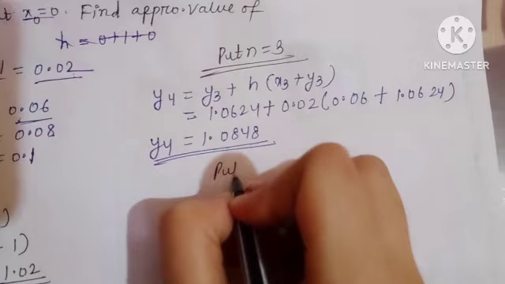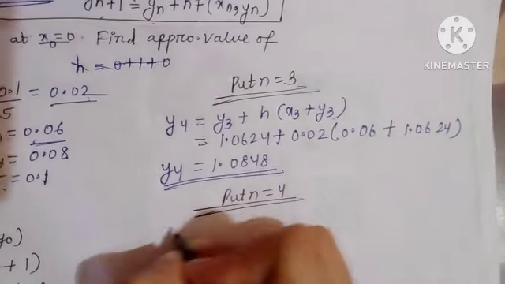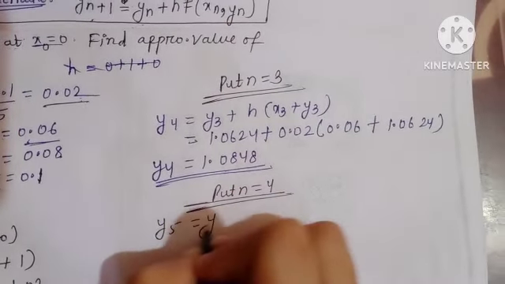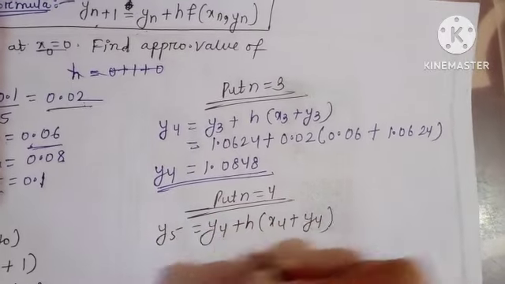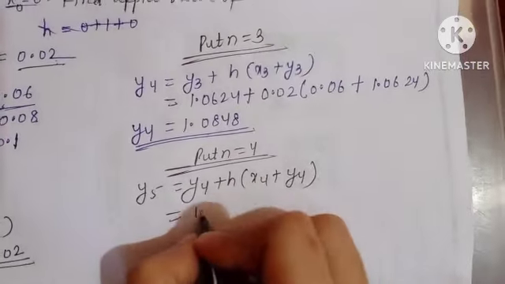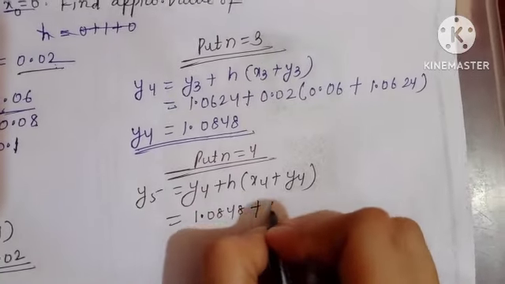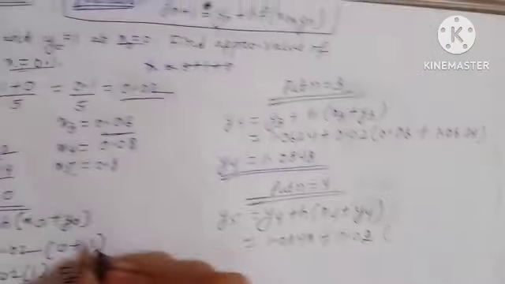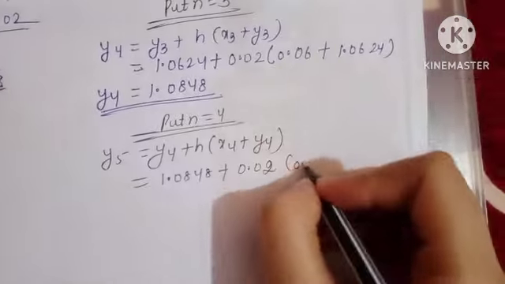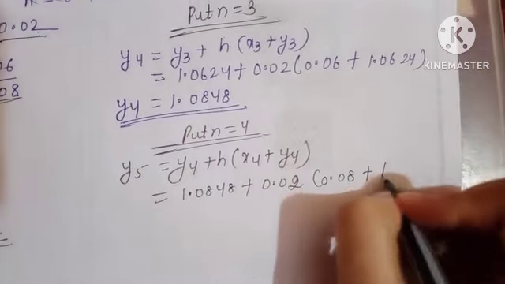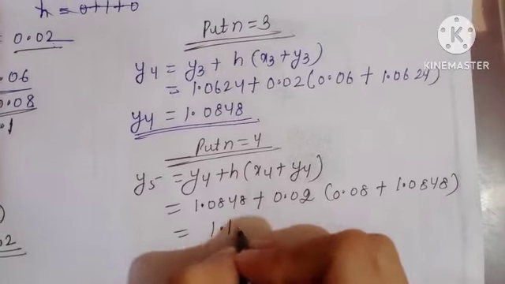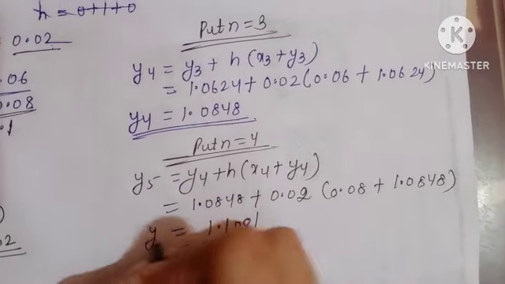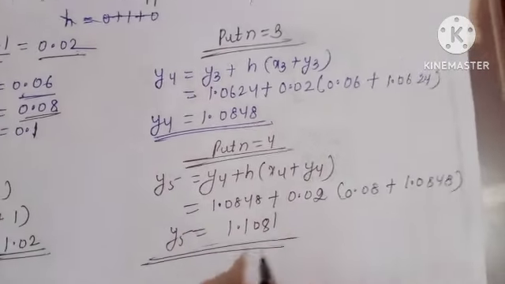Like this, put n equal to 4. So y5 will become y4 plus h times (x4 plus y4). So 1.0848 plus 0.02 times (x4, which is 0.08, plus y4, which is 1.0848). So the value will be 1.1081. This is the final answer.